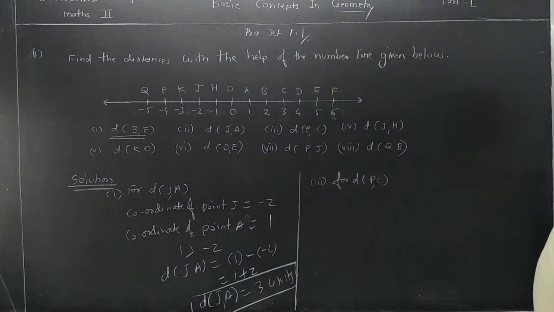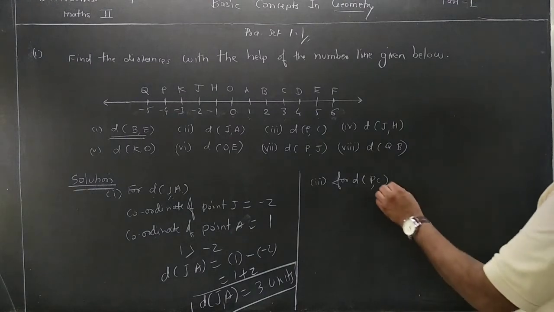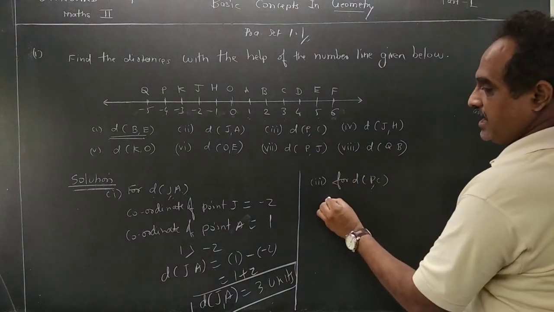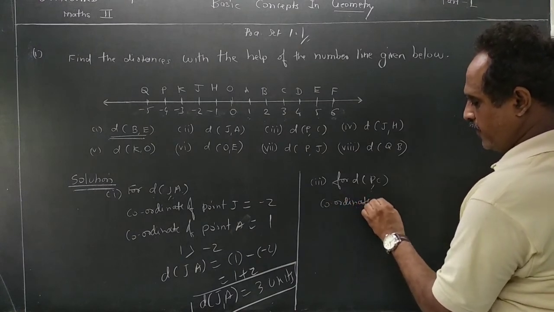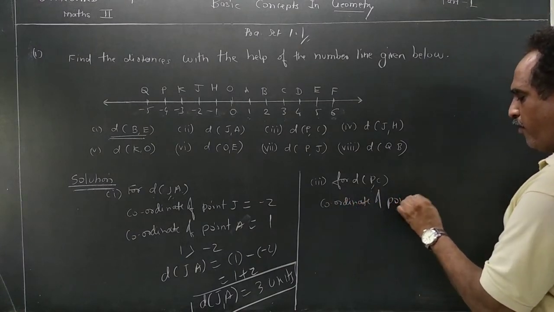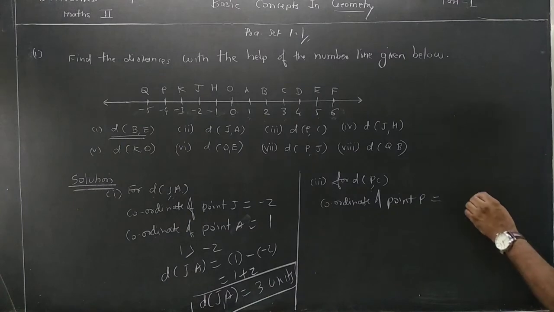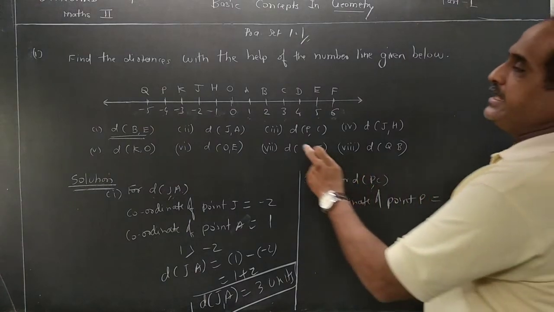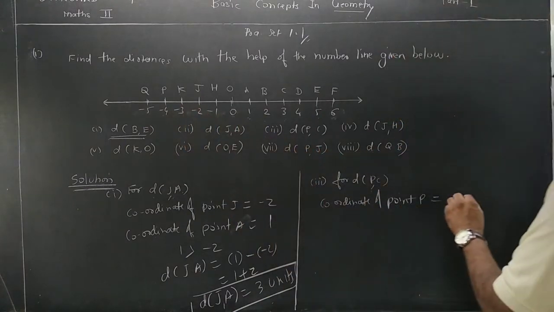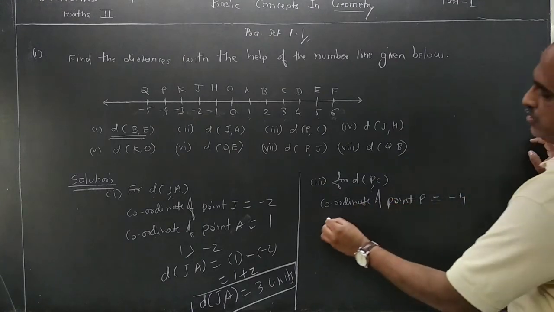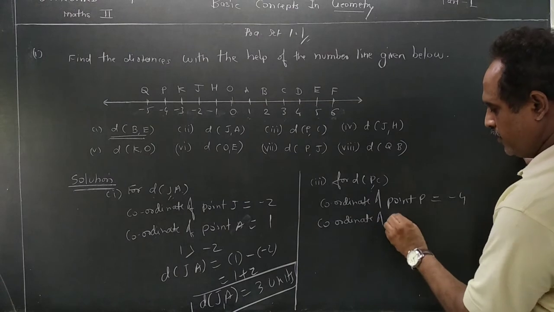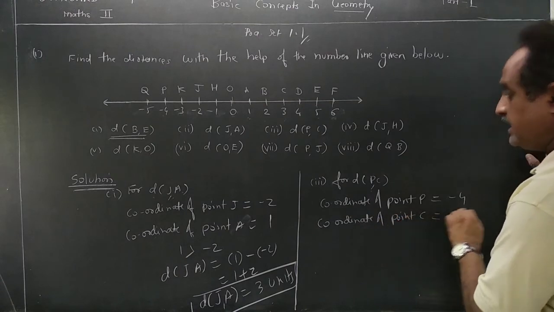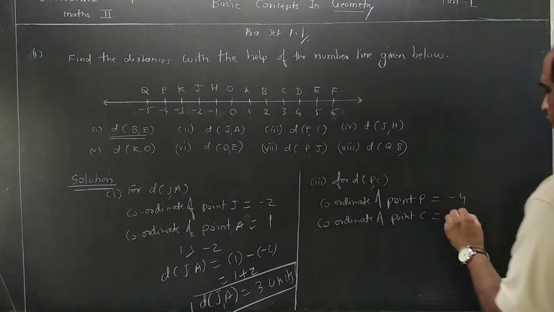Now, for distance PC, what do I want to write? Coordinate of point P is minus 4, and coordinate of point C is 3.